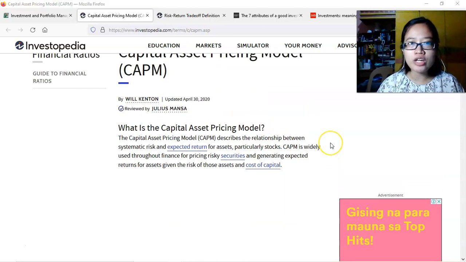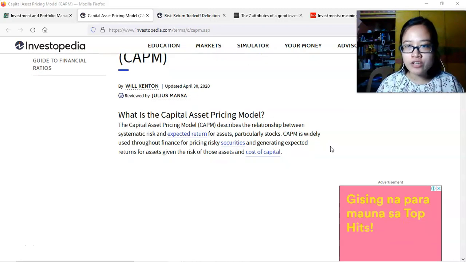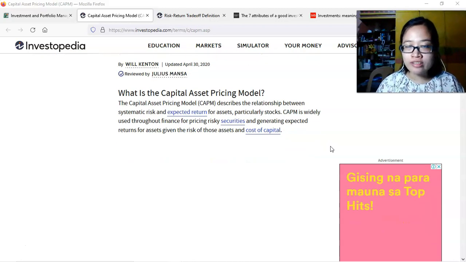So essentially, yung capital asset pricing model, it's a way to measure whether an investment is worth it or not. Itong capital asset pricing model describes the relationship between systematic risk and expected return for assets, particularly stocks.